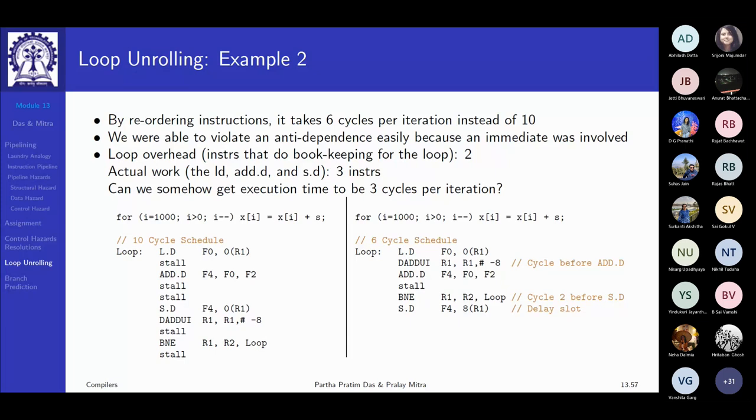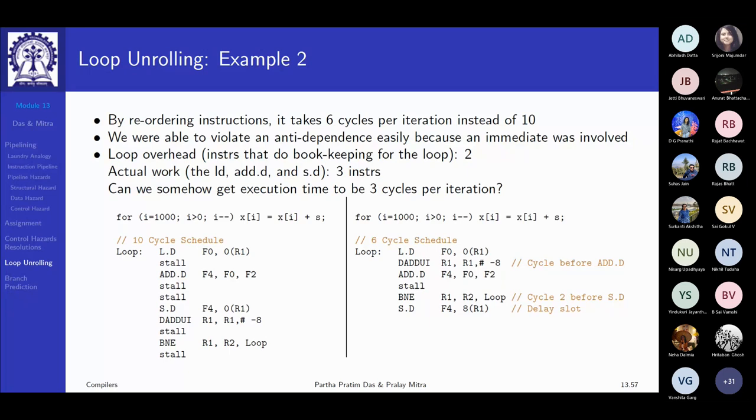Okay. So now in this, let us make some more observation that, say, if we look into the loop, the meat of the loop, what are the actual work? The actual work is load the value xi, add s, store it back. So this load, add, and store are the actual computation that I want.